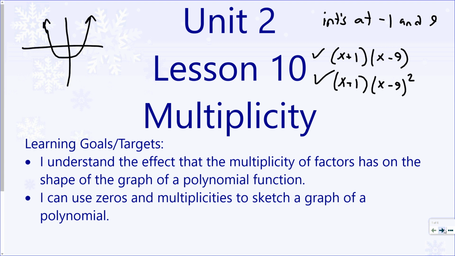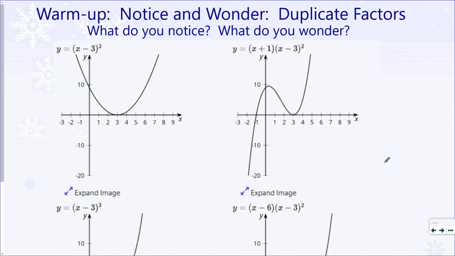Okay, so here's a few functions, a little bit of a warm-up for you. So x minus 3 squared. Now, x minus 3 squared, you might remember, is a parabola, and sure enough, the graph is a parabola. In this particular case, it has an x-intercept of 3, and it certainly does.